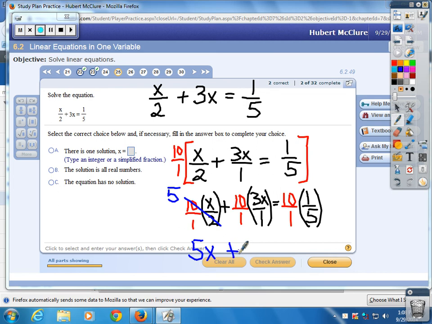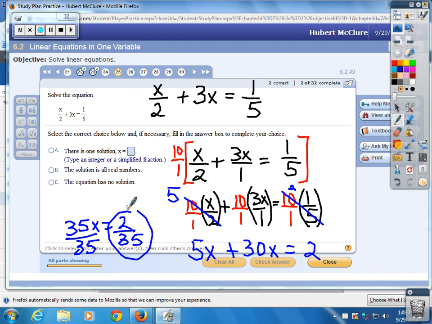Plus, what's 10 times 3x? 30x. And then 5 and 10 is equal to what? 2. And then what's 5x plus 30x? 35x is equal to 2. And divide by 35. And your answer is 2/35.